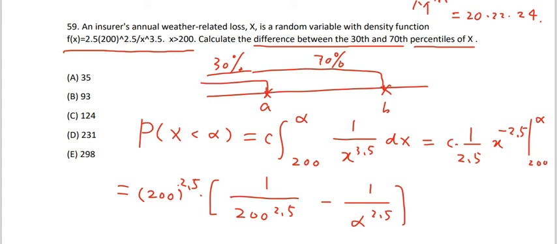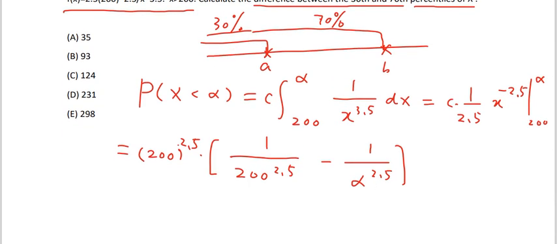Okay. So the first one is just 1, so this equals 1 minus (200 over alpha) to the 2.5.